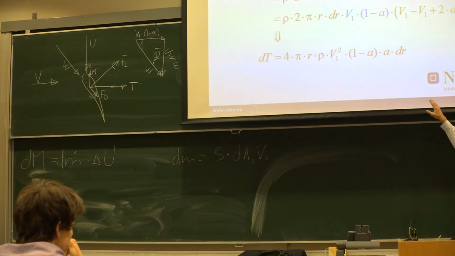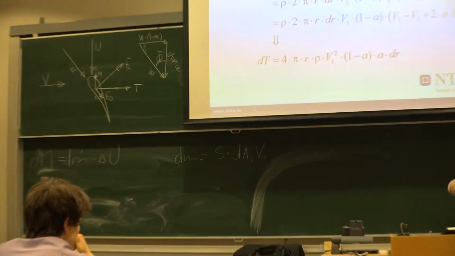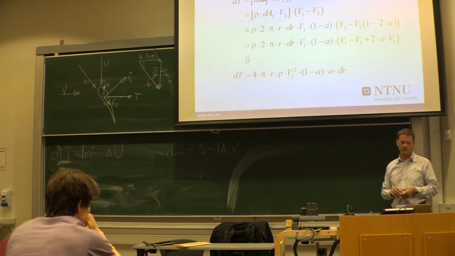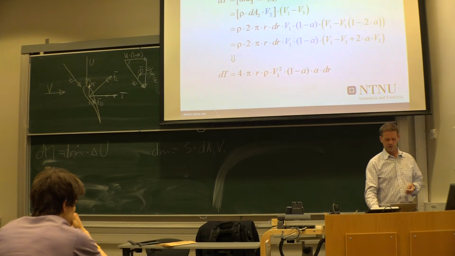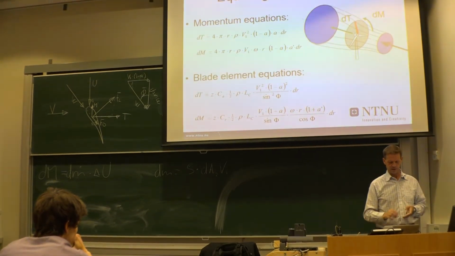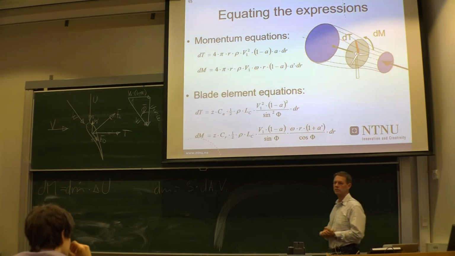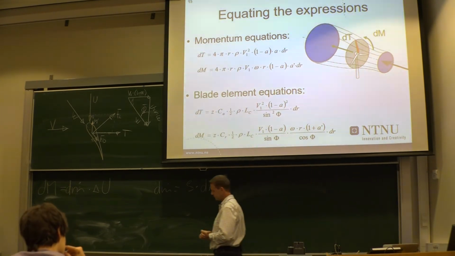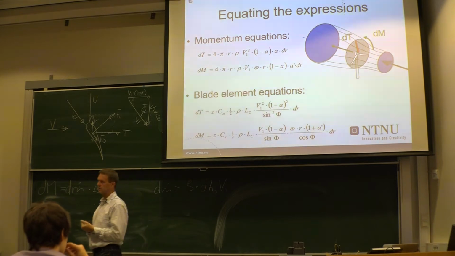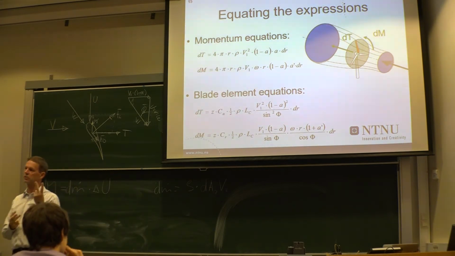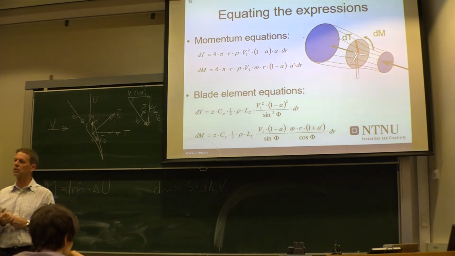And then we introduce the induction factor, and we have another equation for the momentum over the blade element. So what we end up with are these four equations. We have two equations from the airfoil theory, and we have two equations from momentum. And they are both acting on the blade element.